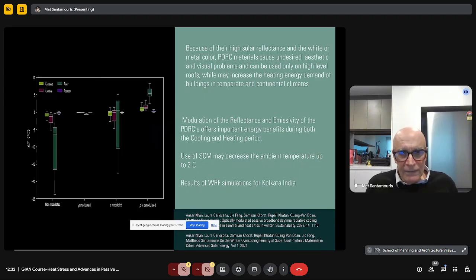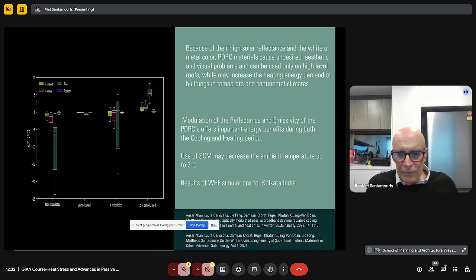Because of the very high reflectance of these materials and the very high emittance in the atmospheric window, when these materials are used in temperate climates, they may impose very important winter penalties.